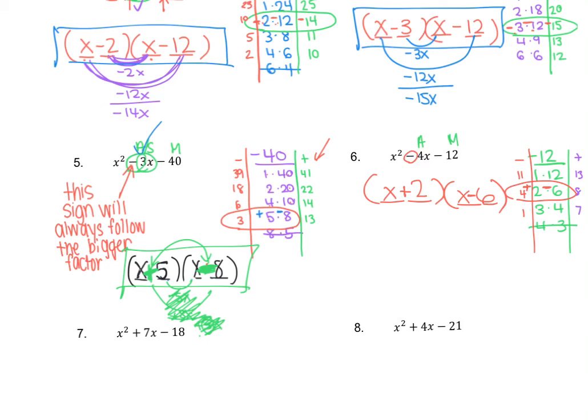If I'm doing a verbal check, x times x gets me x squared. Positive 2, negative 6 gets me negative 12. I'm good there. I check my inners. Positive 2x, negative 6x. That gets me negative 4x. And I'm done.